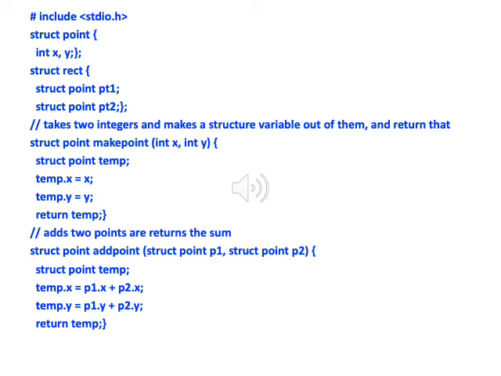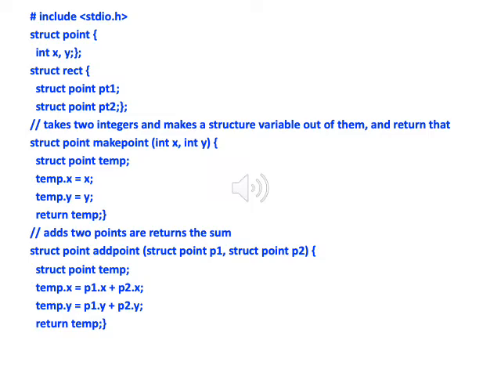So here, again, we need a temp variable for storing the result. So struct point temp, and then the x component is of course the sum of the x components of p1 and p2. So we get them as p1.x and p2.x. We add them together and assign that to our temp.x. So here is an example in which we are performing arithmetic with structure variables and also assignment. Likewise, we also need the y value for temp, which is again simply the sum of the y components of both points p1 and p2.